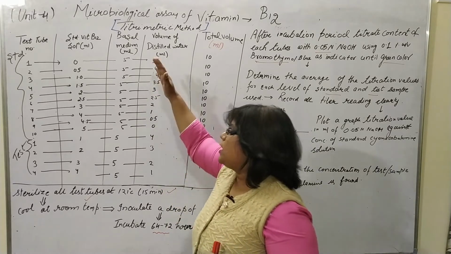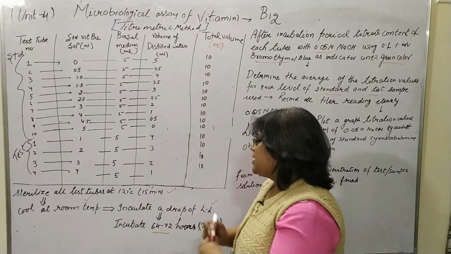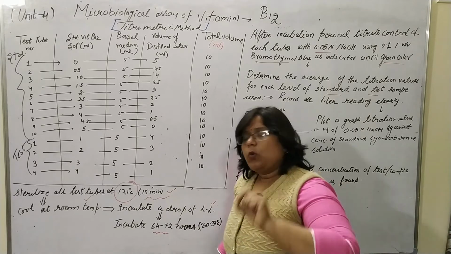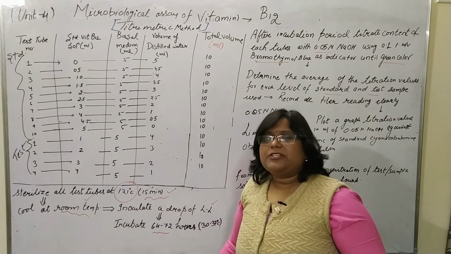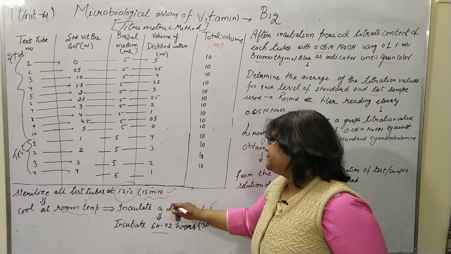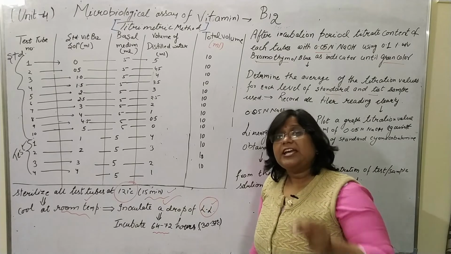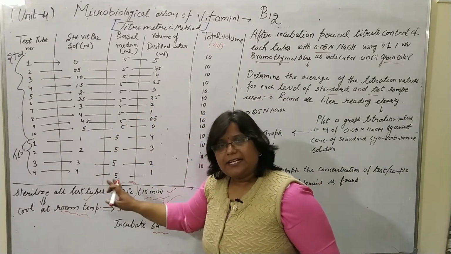After this volume makeup, sterilize all the test tubes at 121 degrees Celsius for 15 minutes. Now cool the tubes to room temperature. When room temperature is achieved, inoculate a drop of Lactobacillus leichmannii in each and every test tube, both the standard and the test.